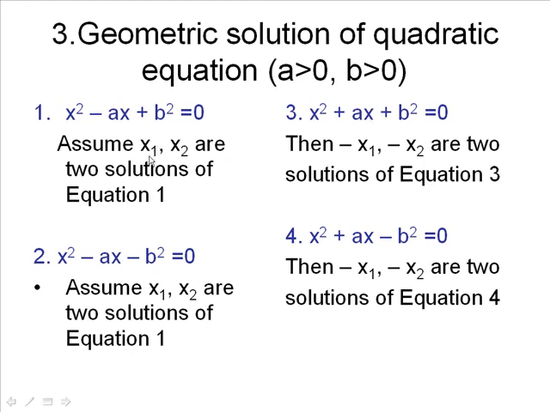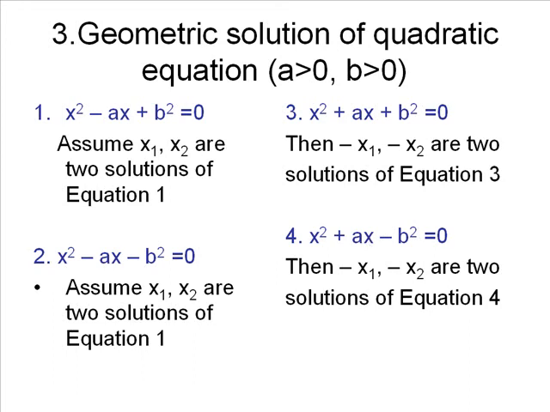So if x1 is a solution of equation 1, then negative x1 is a solution of equation 3. Similarly, if x1 is a solution of 2, then negative x1 will be a solution of 4, because negative x1 squared is still x1 squared, and negative x1 times a will be the same as x1 times negative a, which is a positive a times x1.